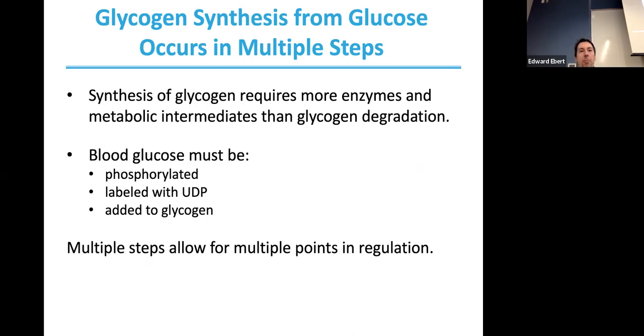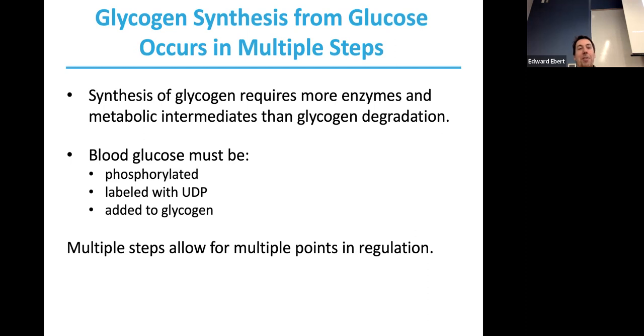If that's cleaving our glycogen, how do we actually make the glycogen? Well, it's going to be a multi-step process. Almost everything is a multi-step process, like an assembly line. Henry Ford would be so proud of the human body.